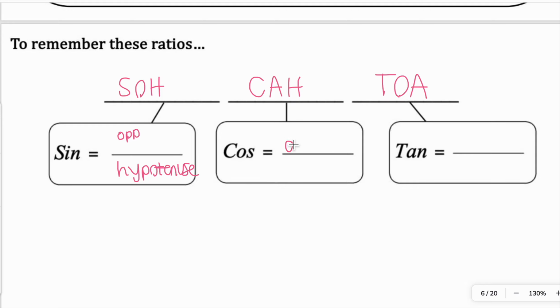Cosine is CAH, which is adjacent over hypotenuse. And tangent is TOA, opposite over adjacent. If we can remember that, that's really how you're going to be able to easily find those ratios.